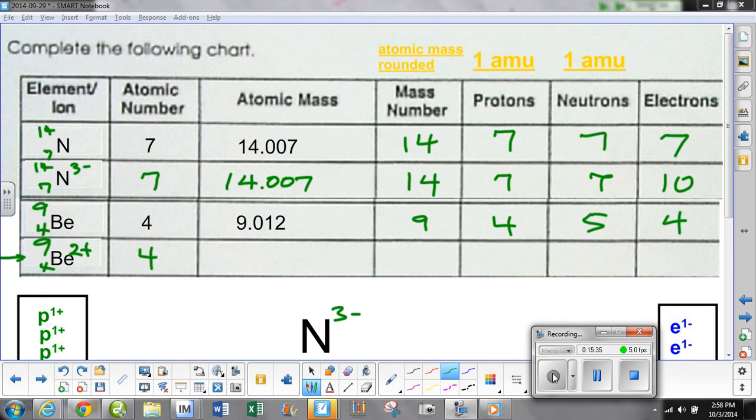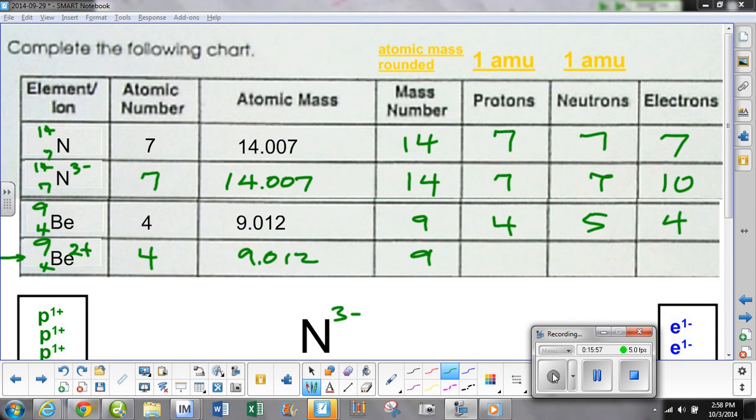And what do you think, Samantha? What's the atomic mass going to wind up being? 9? Yeah, good. Okay, and what would the mass number be? Very good. You're rounding perfectly.